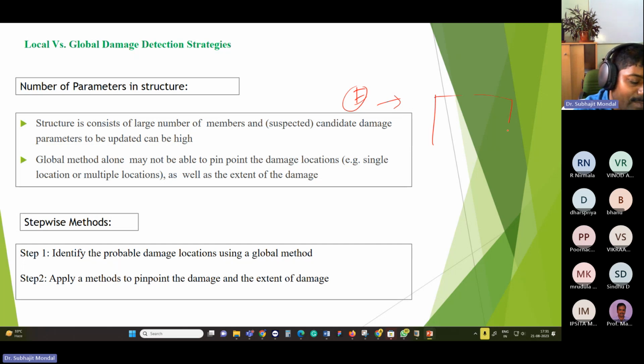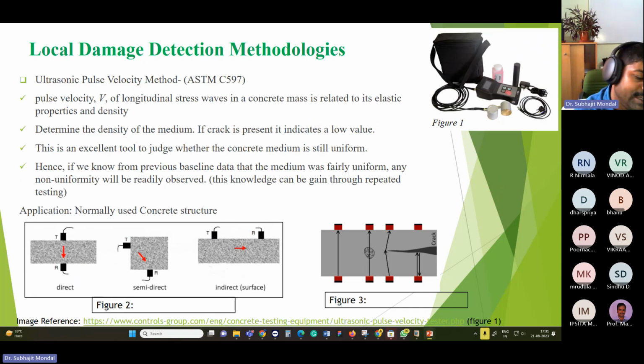For example, if you have a large building with 100 columns or 1,000 columns and 1,000 beams, and you run for all the beams and all the columns, no method will give you good results. So you first go for a reduced number of parameters, and from that reduced set you can apply a method. You can use an AI-based method or a gradient-based method, and using that you can identify the damages.